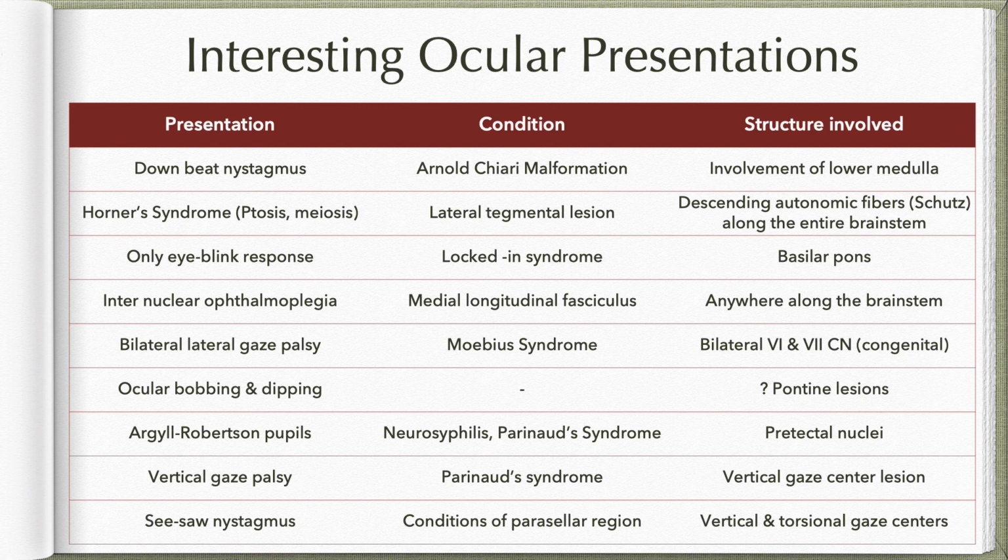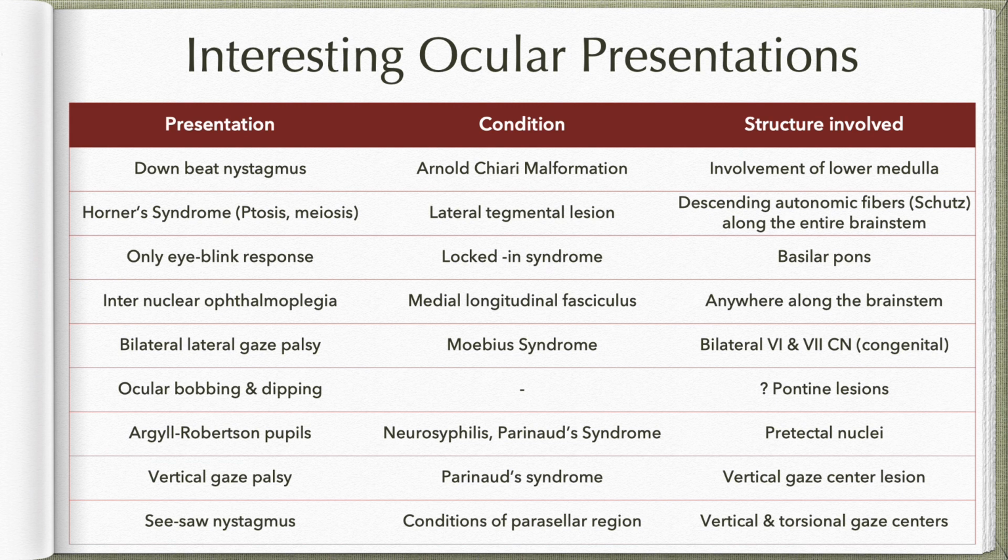Argyll-Robertson pupil is a feature of involvement of the pretectal nucleus, and pseudo Argyll-Robertson pupil features are seen in Parinaud's syndrome. We may have vertical gaze palsy, again a feature of Parinaud's syndrome. This is because of involvement of the vertical gaze center, which is the rostral interstitial nucleus of the medial longitudinal fasciculus.